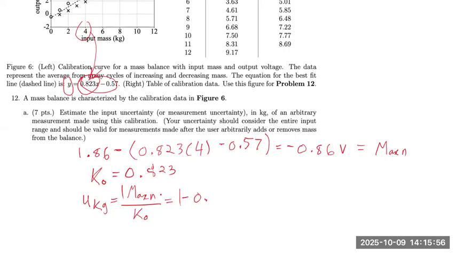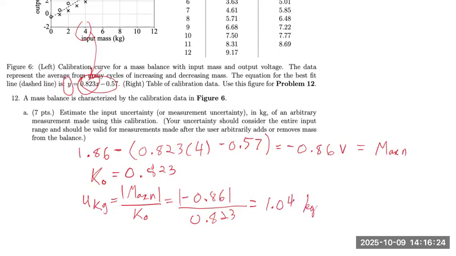So the absolute value of negative 0.86 divided by 0.823, and this value is going to be equal to 1.04 kg.